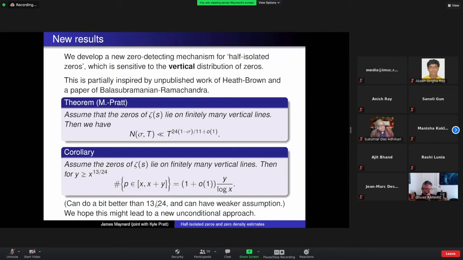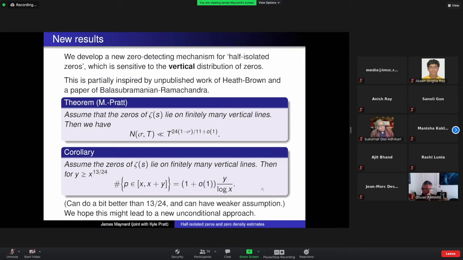So I should mention that we should be able to do a little bit better than 13/24 for counting primes in short intervals, although the write-ups are still in progress, and we can certainly get 13/24, so maybe we'll leave it like that. And we're stating the assumption that the zeros lie on finitely many vertical lines, because I feel it's the cleanest way of presenting our results, but we can certainly have much weaker but more technical assumptions.